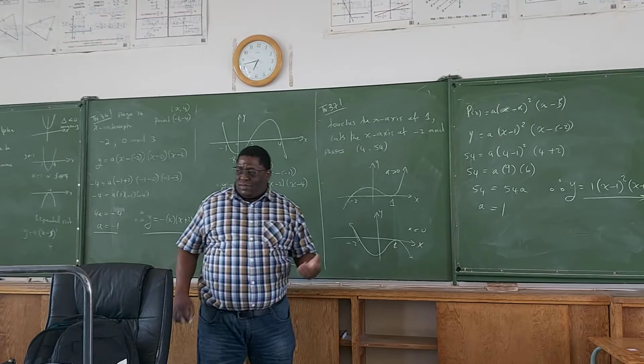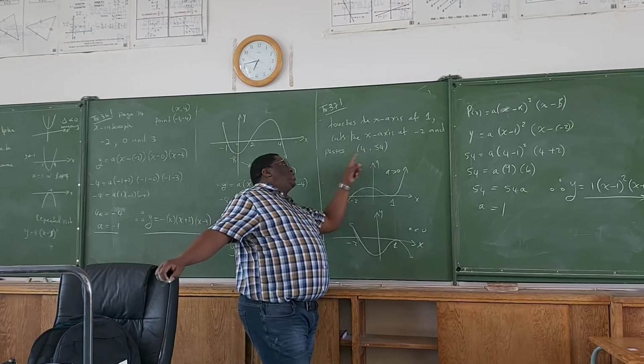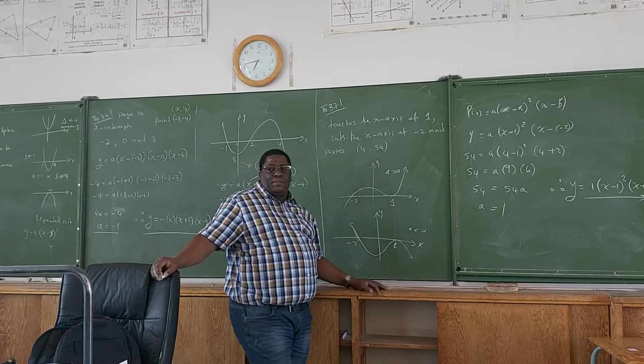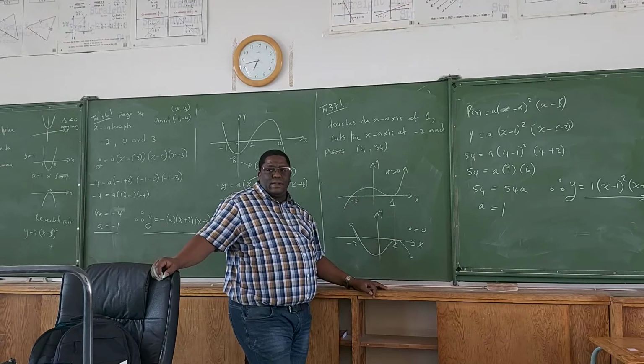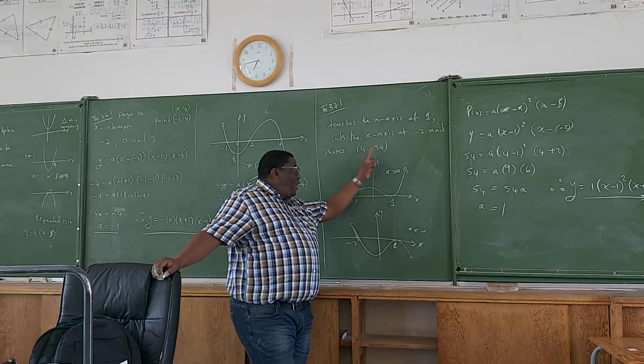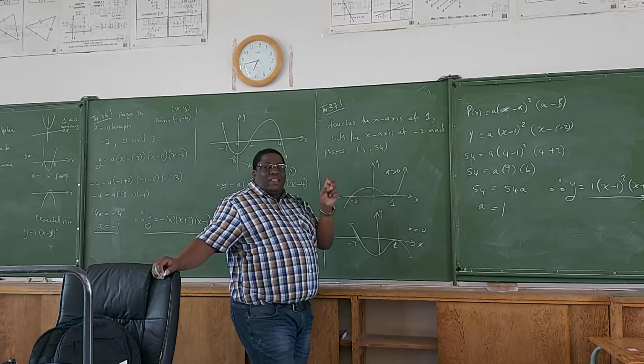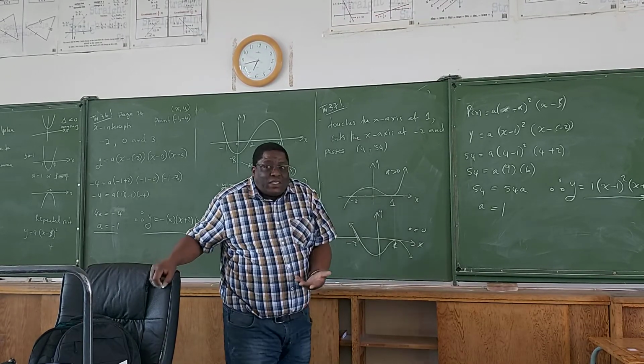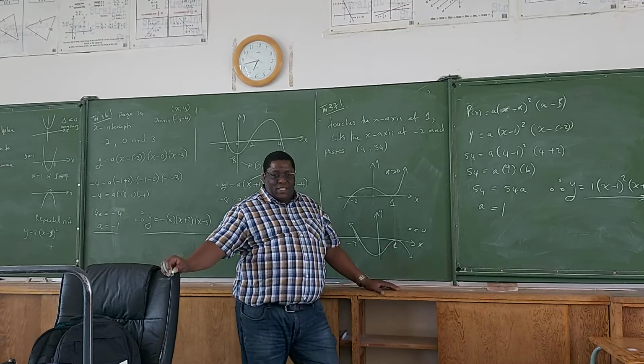Let me ask this way. Why is the point 4, 54 not the y-intercept? I know it's not; I'm asking why.